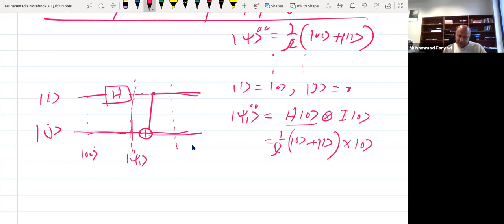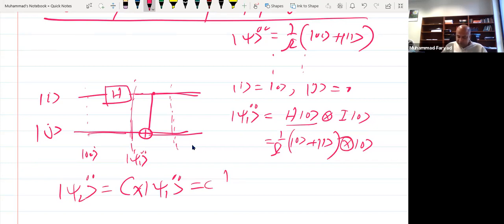Now, what is the output after the CX operation? So let me call it psi 2 0 0, and this is after CX applied to this psi 1 0 0 state. And when we do CX, we have to apply CX to 0 0 plus 1 0.